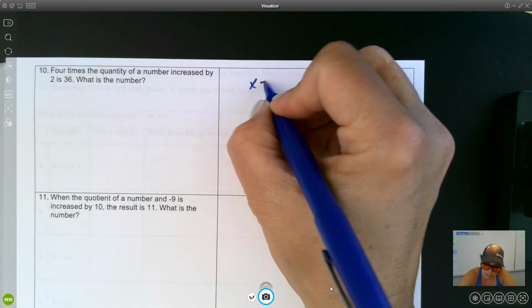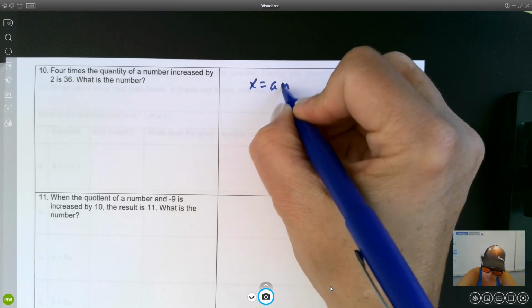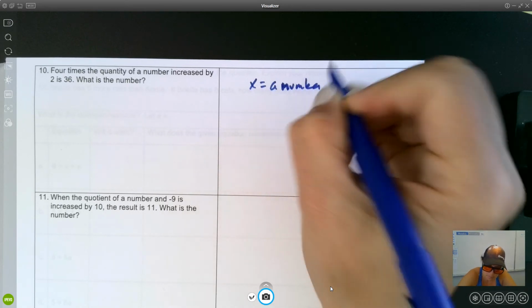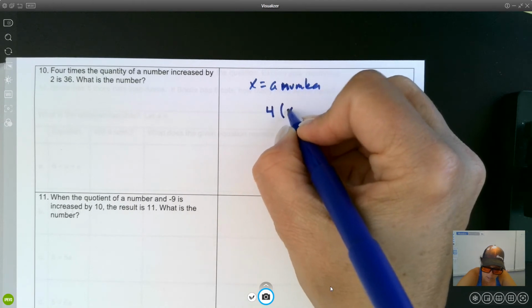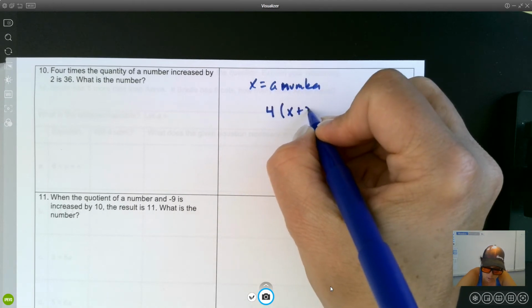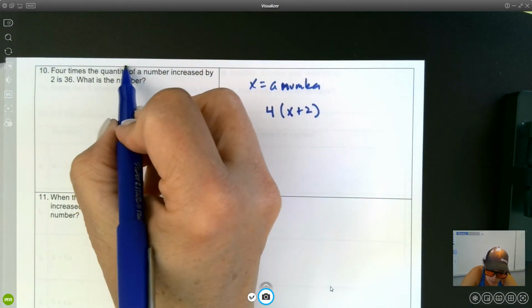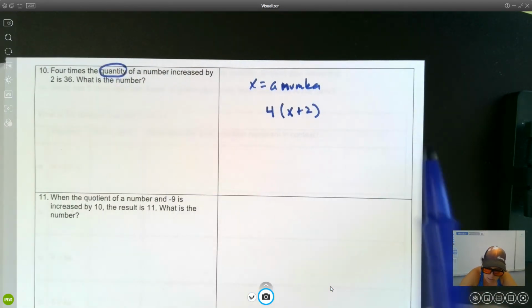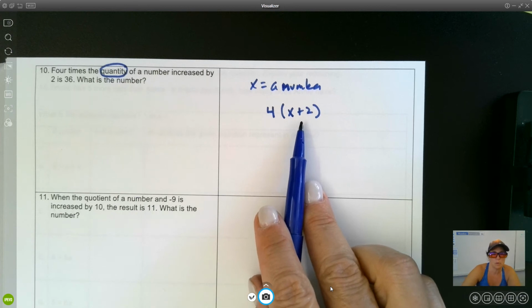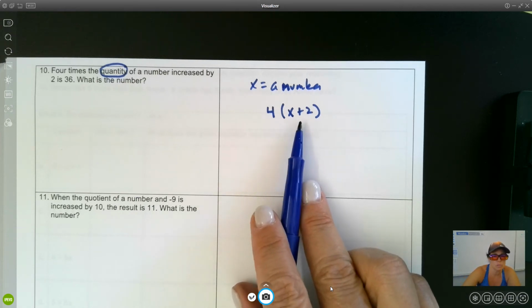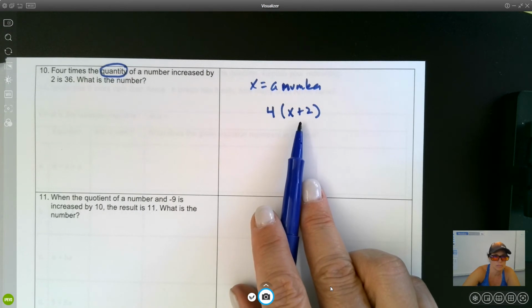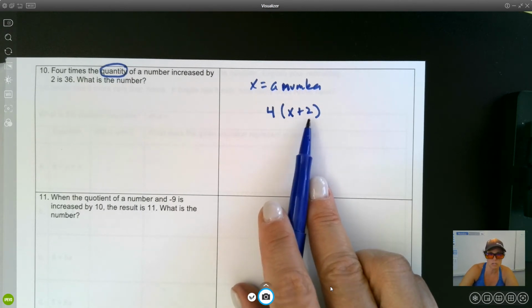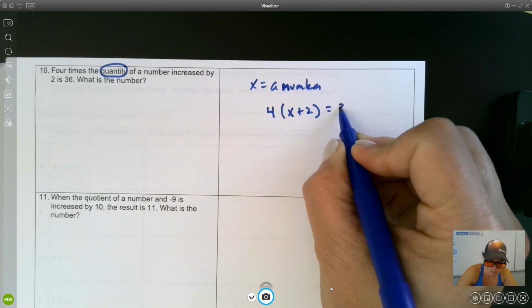Okay, so we're going to let x equal a number. 4 times the quantity of a number increased by 2. When they talk about quantity, it means parentheses. It means 4 groups of both of the things that they're talking about. Okay, so a number increased by 2 is 36.